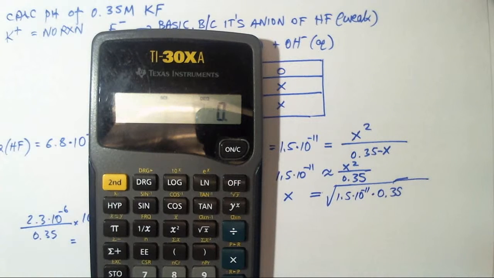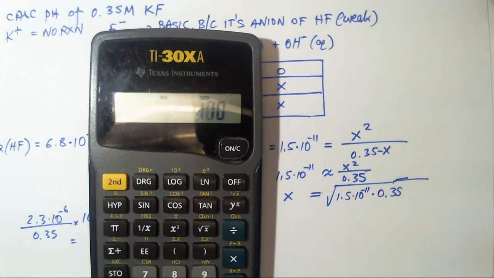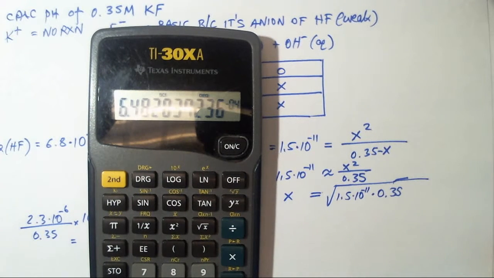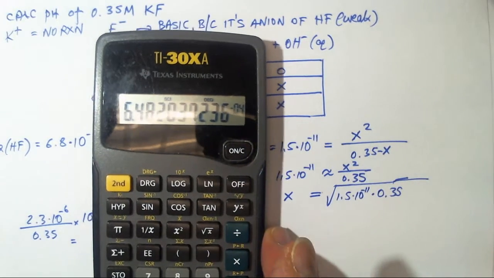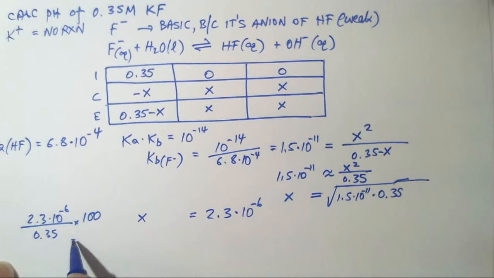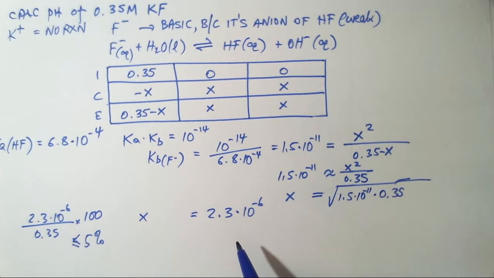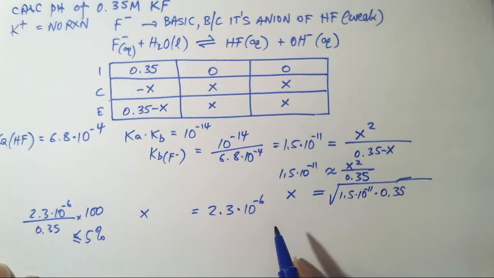We'll divide by 0.35 and multiply by 100. It's only 6 times 10 to the negative 4 percent. So that's way less than 5%, which means you can keep this as is. The approximation was great. That's all we have to worry about.